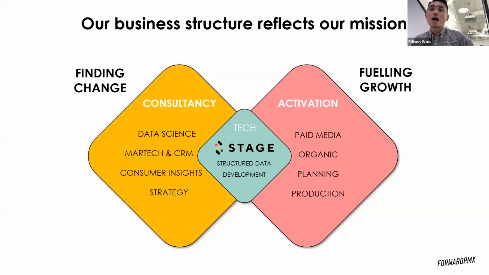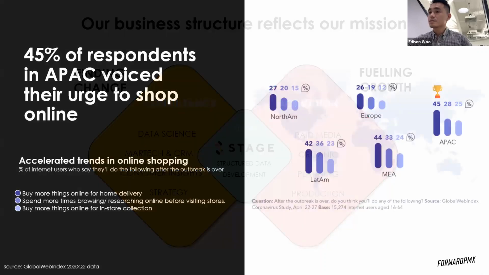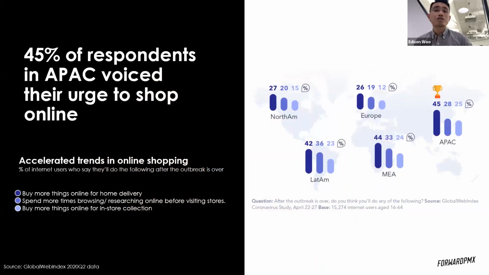Of course, we put a strong emphasis on data, so our proprietary tool sits right between the consultancy and activation teams, pulling all the strings together to give you data based on the demand in the consumer trend.